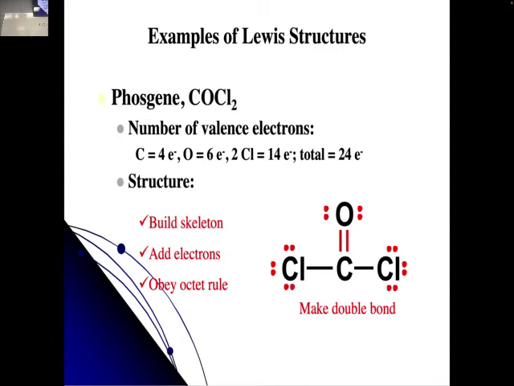Does anybody know what phosgene is? Anybody ever heard the word phosgene? It's a very useful molecule, actually. We've got some in solution. I think I still have some up in the lab. But it gained notoriety in World War I as a chemical agent that was used on the battlefield. Phosgene has a bad reputation now as being extremely lethal.